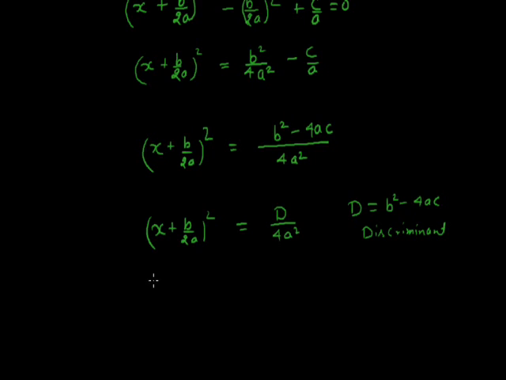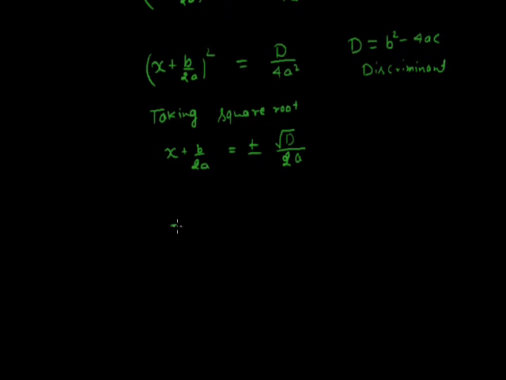So taking square root on both sides, this will become x plus b by 2a equal to plus minus under root d, and the square root of 4a square is 2a.